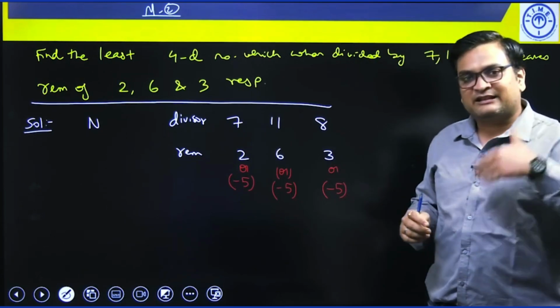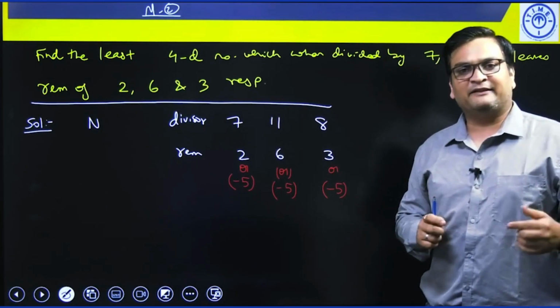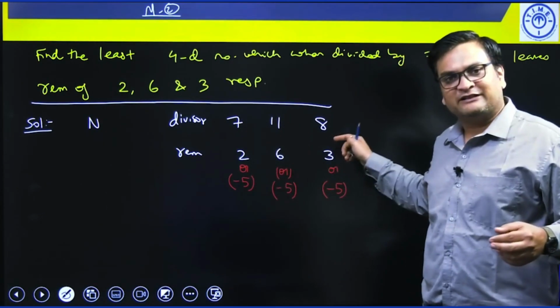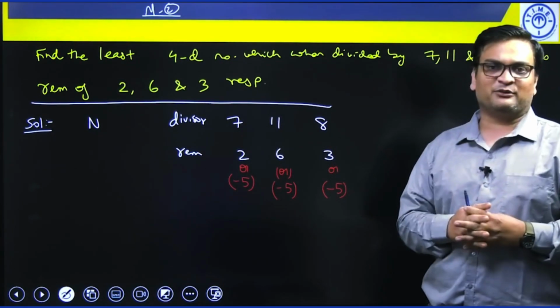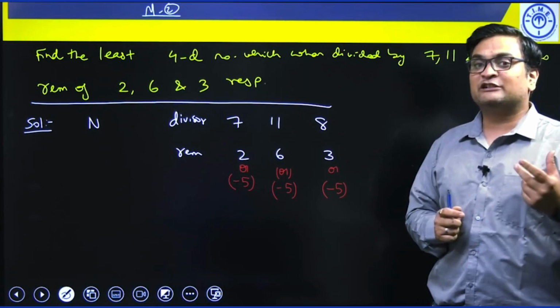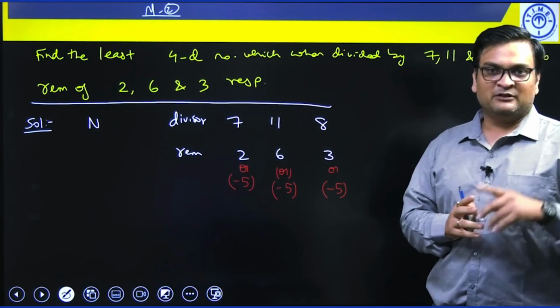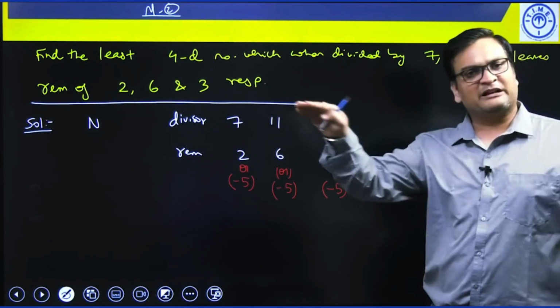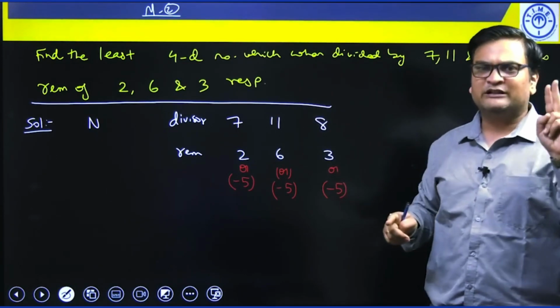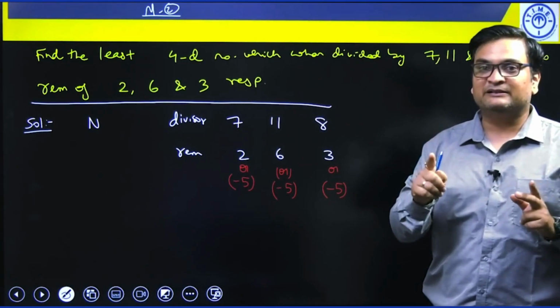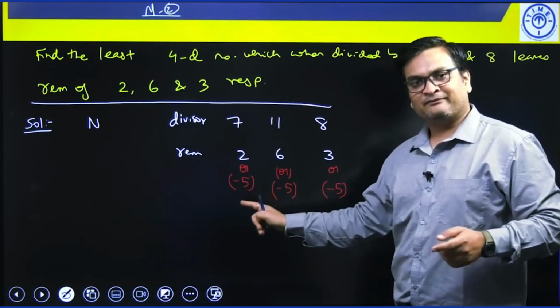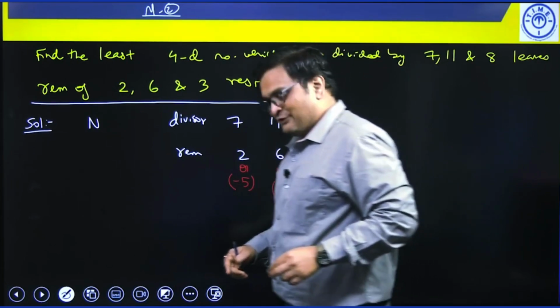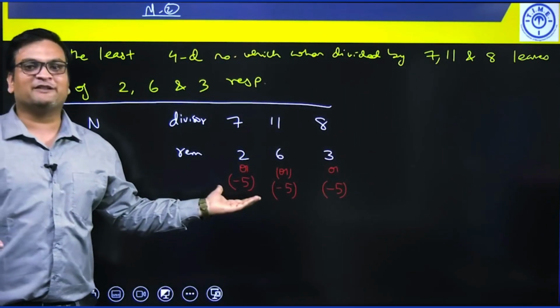It's not straight away a model 1 problem, but when you convert positive remainders to negative remainders, you can observe that it's actually a model 1 problem. So the model 1 identifier was a common positive remainder; the model 2 identifier would be a common negative remainder. When the negative remainders are equal, then it is model 2. So this is converted into a model 1 problem.